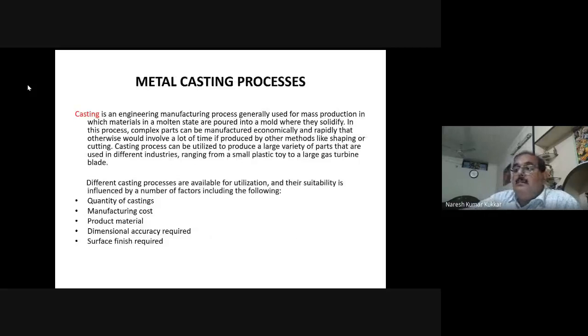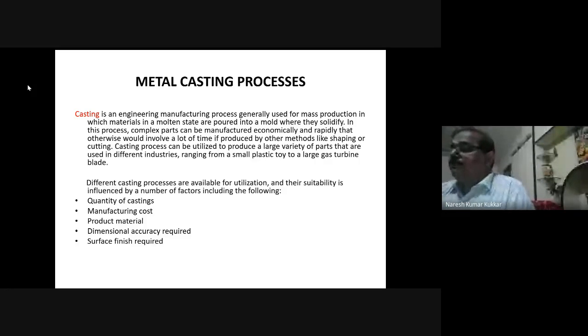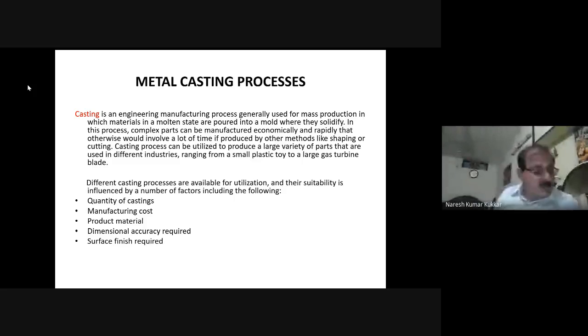Now comes the metal casting processes. Casting is an engineering manufacturing process generally used for mass production, in which material in a molten state is poured into a mold where it solidifies.